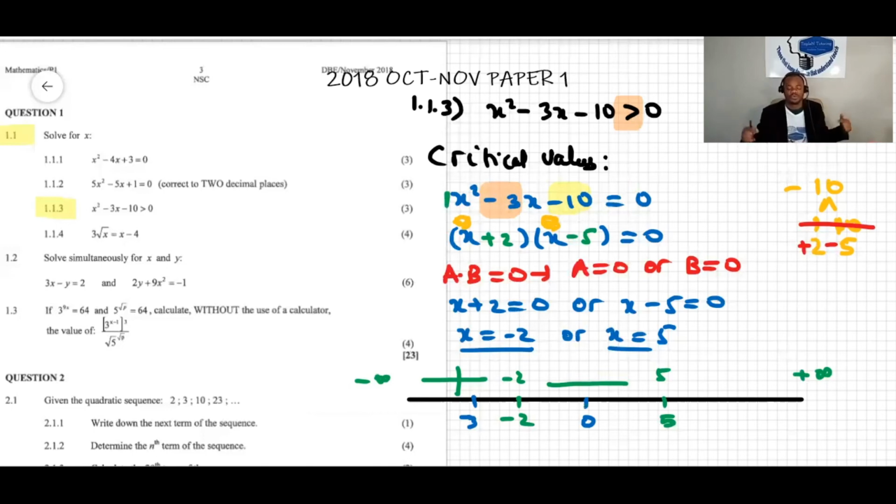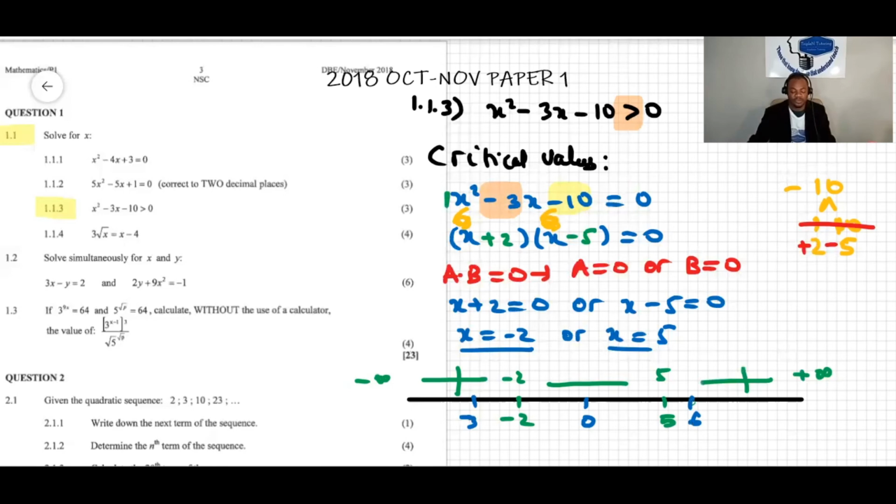Now I take another number here, let's say a number like 6. If I substitute 6 for x, we will have a positive number times a positive number, which is always positive.